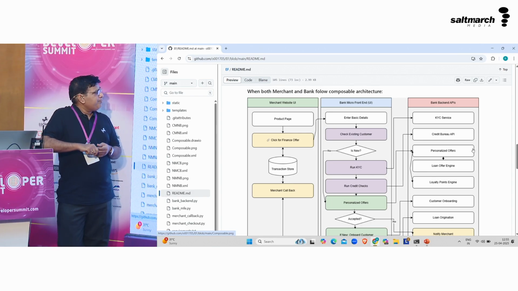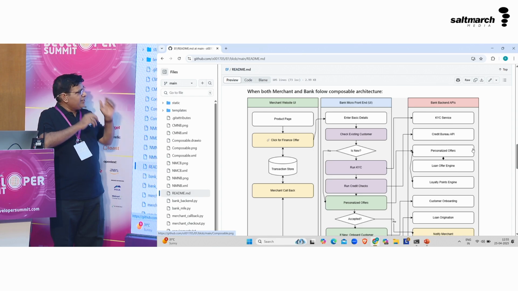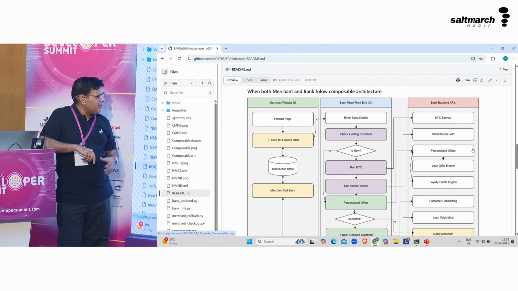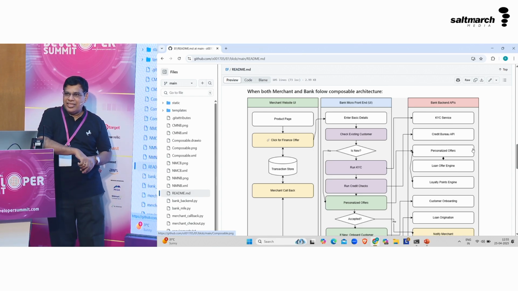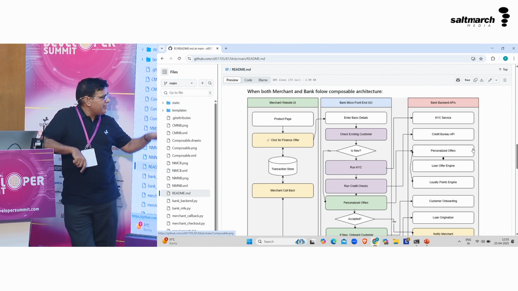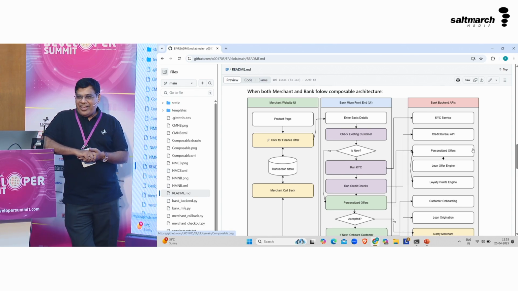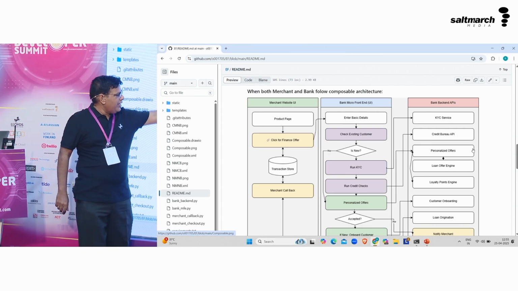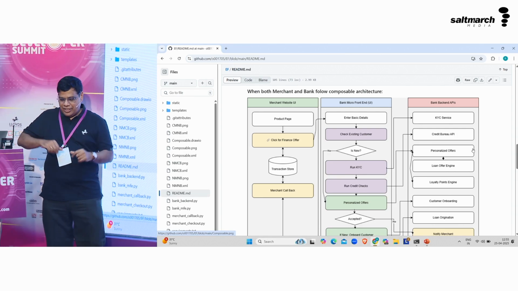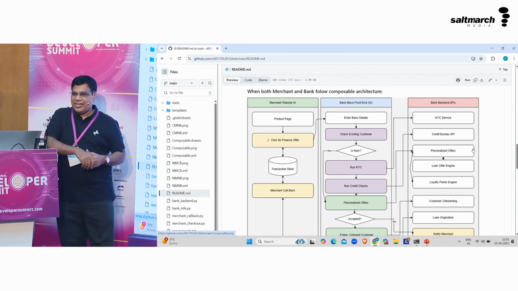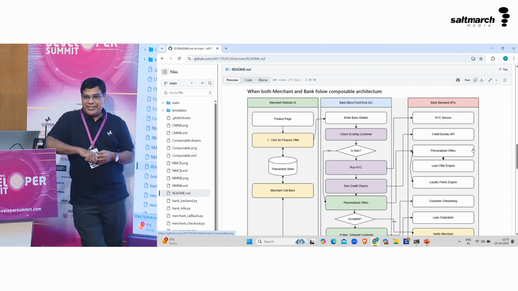Say you look at it from the merchant side. You have a product page and you provide all the checkout options, and in addition, you also provide a finance offer. Now this finance offer becomes an embedded micro front end on the merchant side.